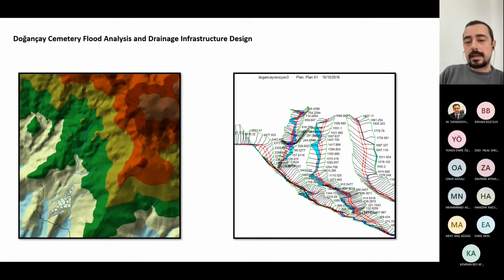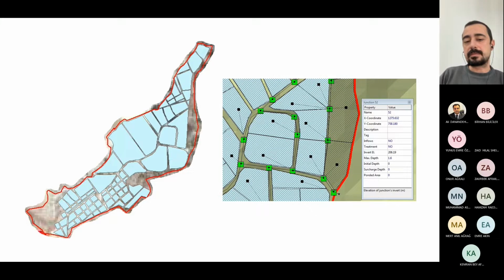At the right side, you are seeing our analysis here. The program is called HEC-RAS, a one-dimensional flood analysis. Here, we checked the basin, and there wasn't any flood problem for the region, but from the excessive precipitation there are flow accumulations over the land.